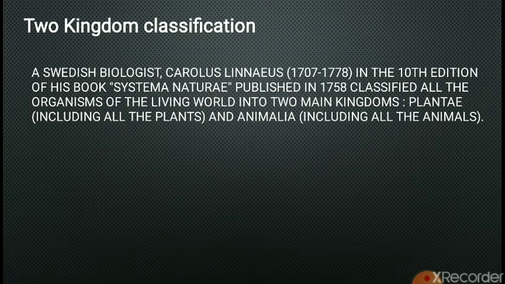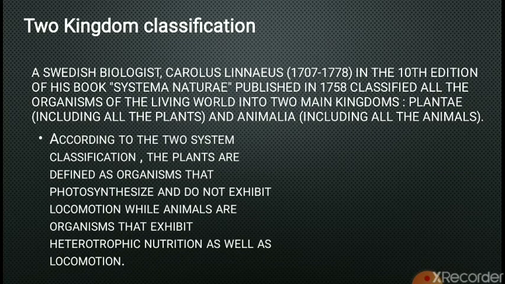Two kingdom classification. A Swedish biologist, Carolus Linnaeus, in the 10th edition of his book Systema Naturae, published in 1758, classified all living organisms into two main kingdoms, Kingdom Plantae and Kingdom Animalia.